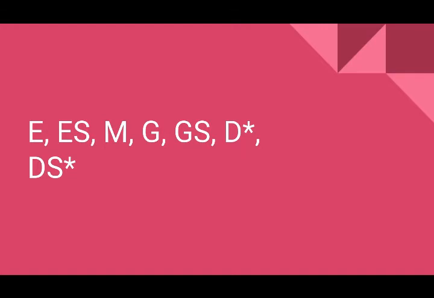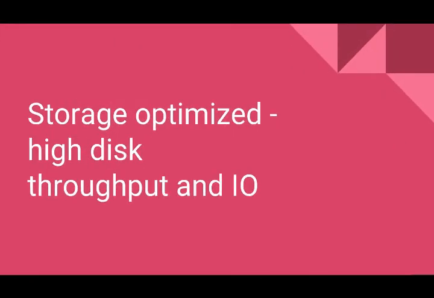So whereas D series is generally general purpose, at the upper levels it gets to a memory optimized server. This is good for database servers, caching servers if you use Redis, any type of analytics that does a lot of work in memory. So memory optimized servers are good when you need lots of memory, but the CPU isn't as important.